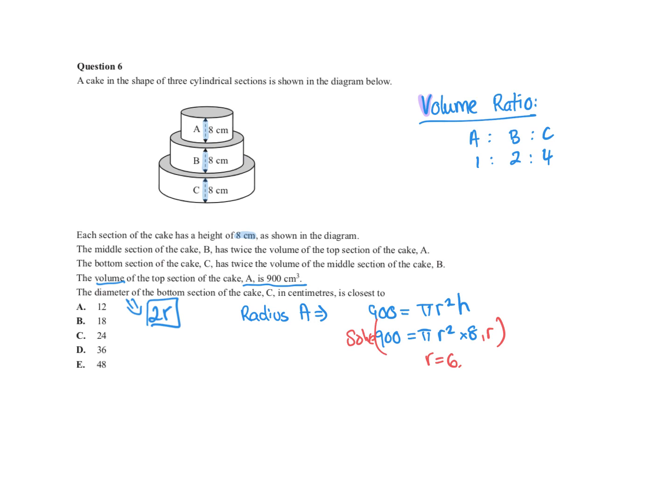Okay, so now these are similar figures, and we need the radius of C. But what we have to be careful with is when you have 3 dimensions change in similar figures, you would do the cube root. So if we were given volume and we were going back to the length ratio, we normally do the cube root. But that's when all 3 dimensions change, which I mean by the length, the width, and the height.